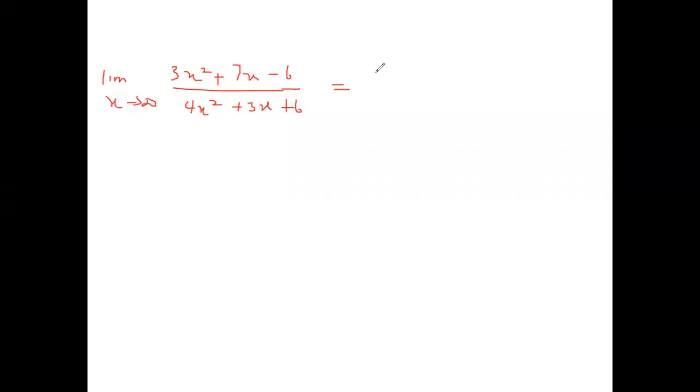This will be 3 times infinity squared plus 7 times infinity minus 6, over 4 times infinity squared plus 3 times infinity plus 6.